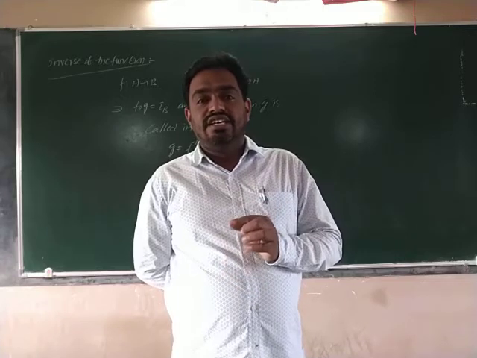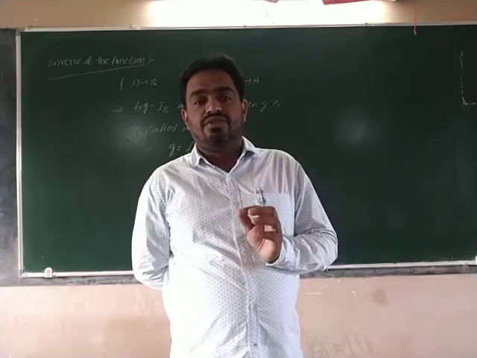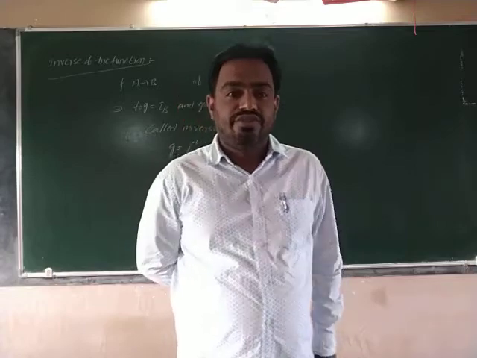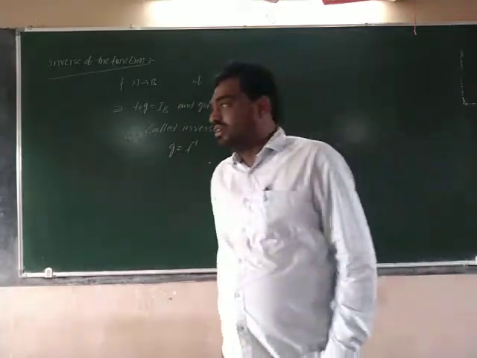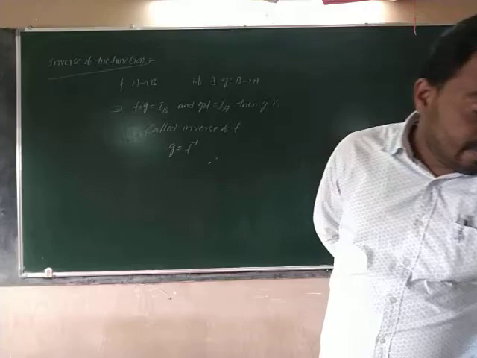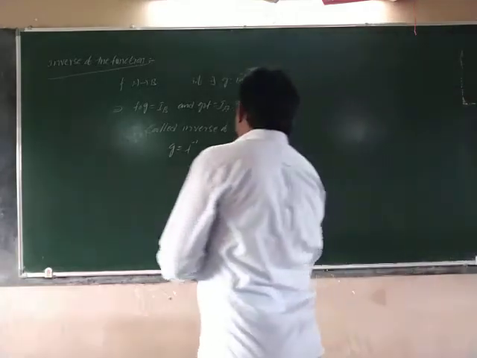G is called the inverse of the function F. Therefore, G is equal to F inverse. This is the definition of inverse of the function. You just have to remember this one.